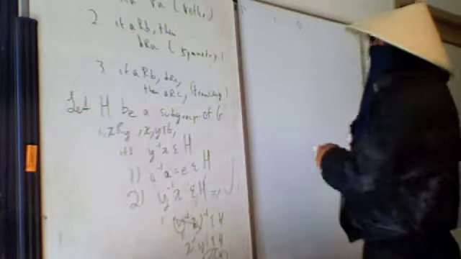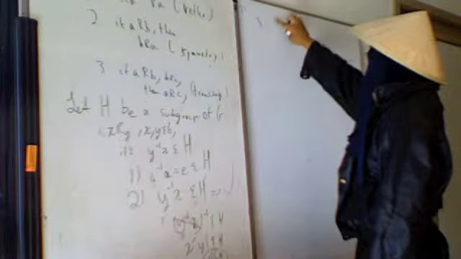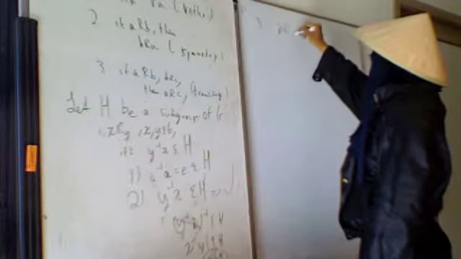Lastly, transitivity. Suppose x is related to y, and y is related to z.